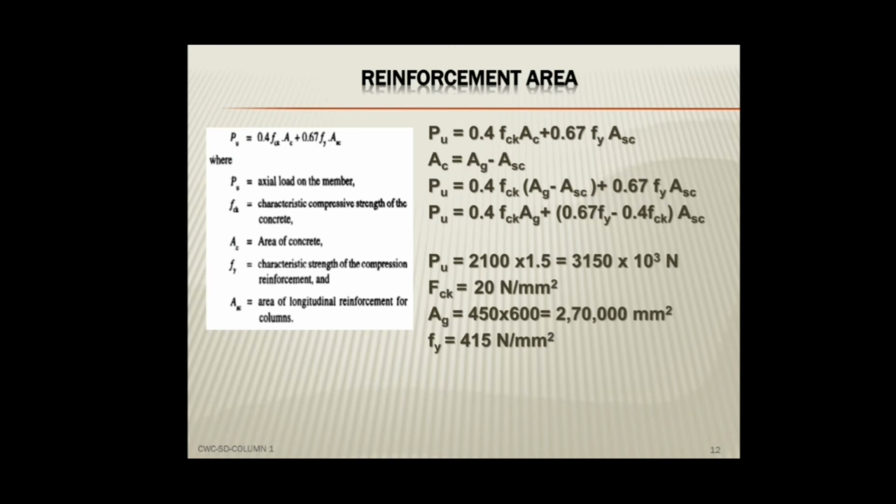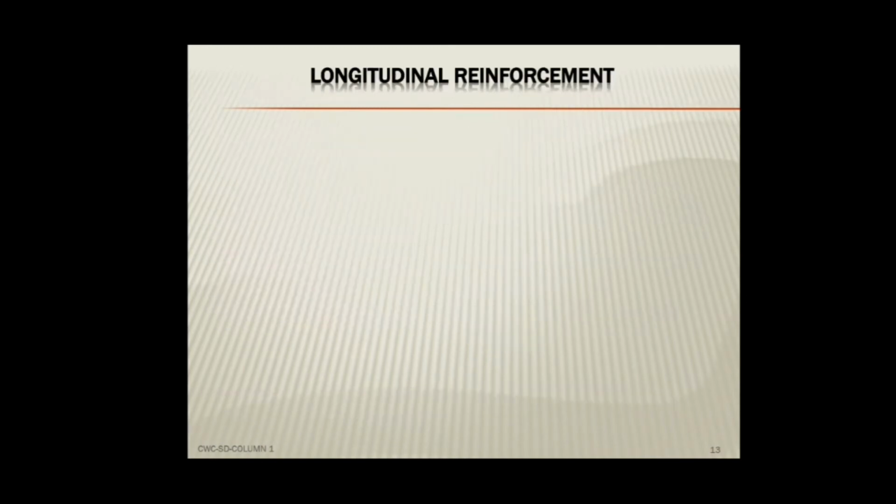Asc is the area of the longitudinal reinforcement for the column, which we need to find. So on substituting all other values and solving, we will get the value of area of longitudinal reinforcement as 3666 mm square.